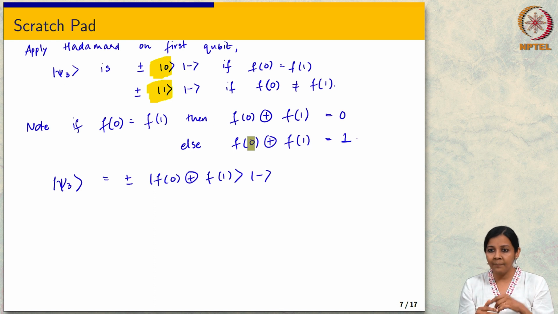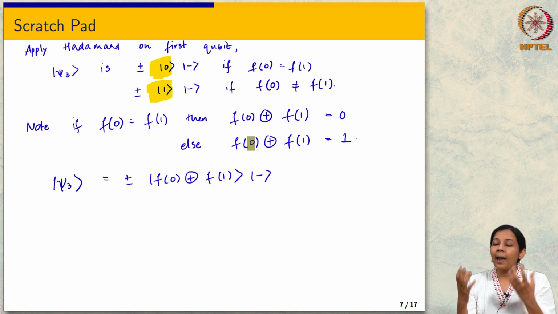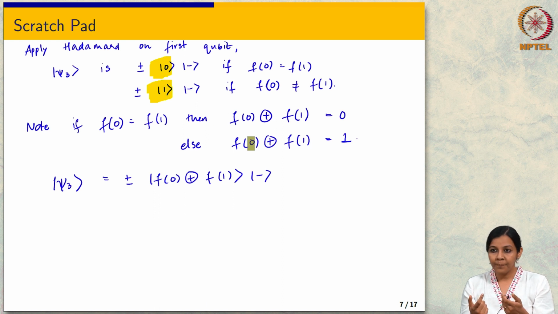Because of that, I am able to make one single measurement and learn something that I could not have learnt otherwise. So, I want to think of this intuitively as capturing a pattern, right? This data of F0 XOR F1, I could only access it by performing this rotate, compute, rotate, but look how nicely we managed to access it. It sort of comes and sits in the first qubit exactly in the form that I want, and now I can measure it.